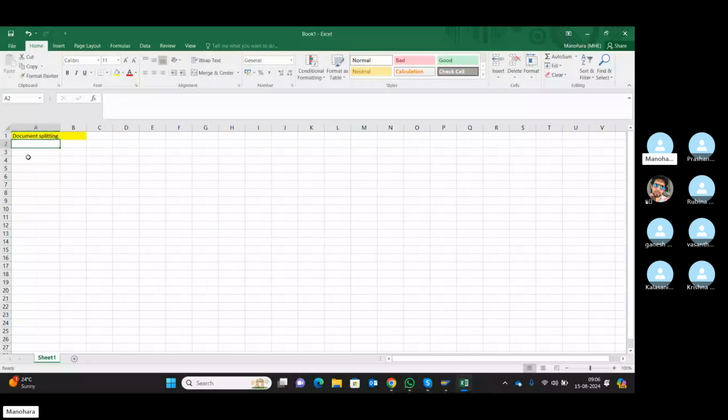Document splitting comes into the picture whenever you post documents, either a debit entry or a credit entry. We have to keep in mind whether it is debiting or crediting. Based upon that, it will split the line items.